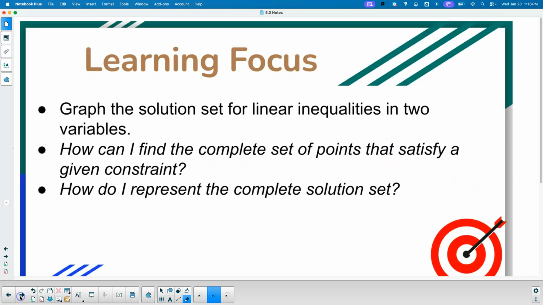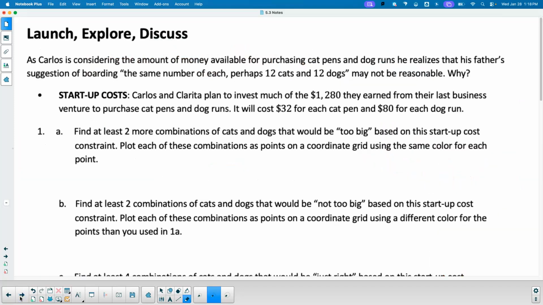All right, let's jump to Carlos and Clarita. If you can recall, back in the first part of chapter 5, which was before break, we met up with Carlos and Clarita, and they were going to board, not groom, they were not a grooming service, they were a boarding service.